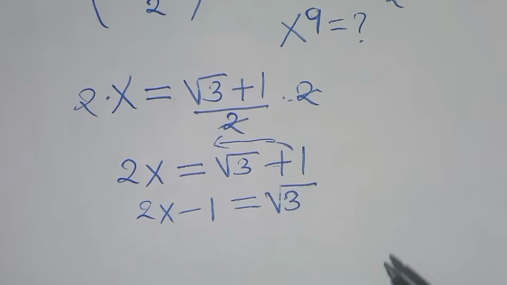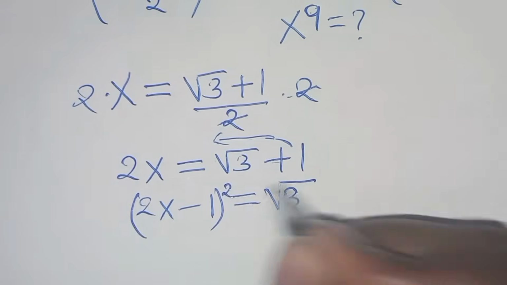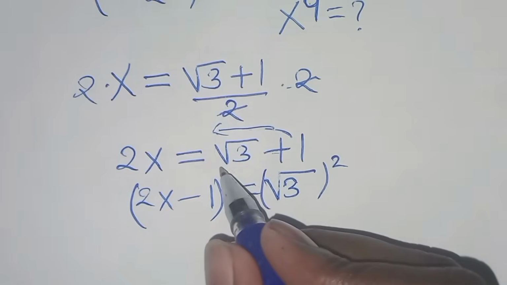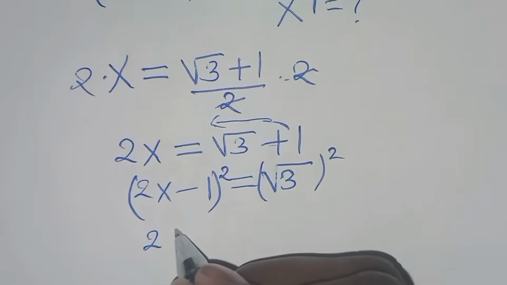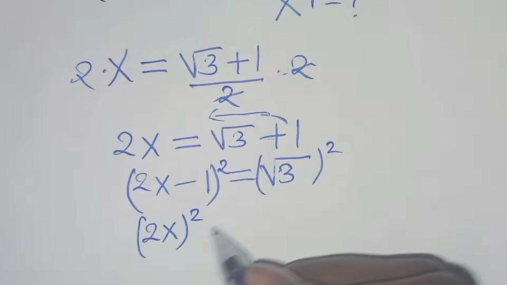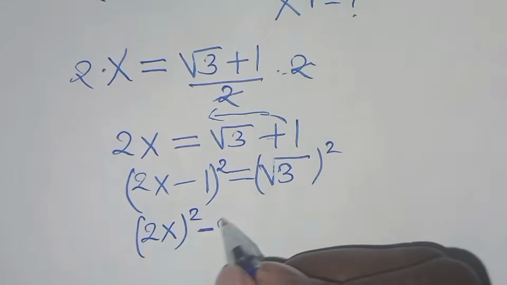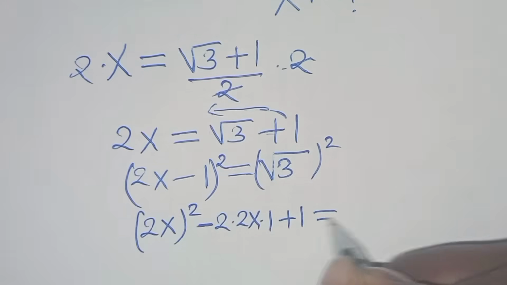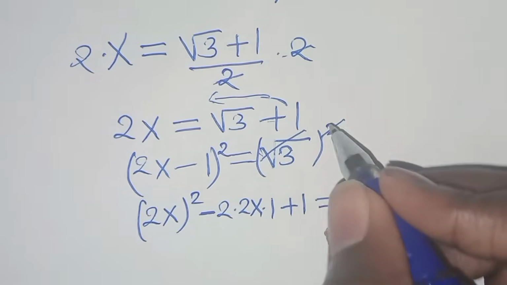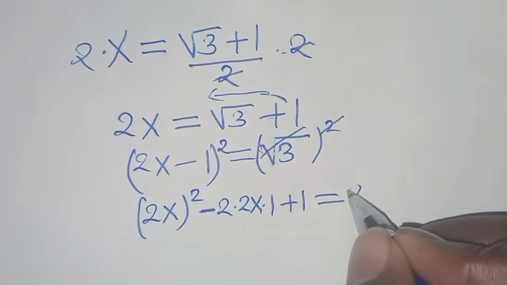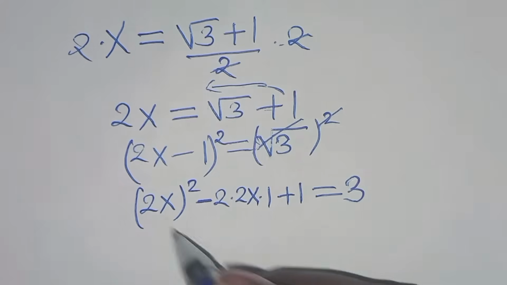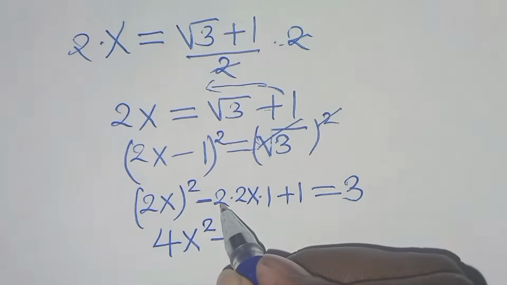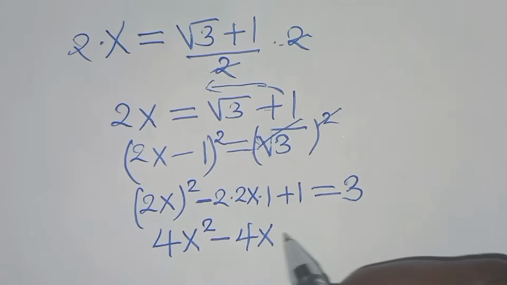Now, the next step from here is to square both sides, so that (2x − 1)² is the same thing as (2x)² − 2 × 2x × 1 + 1. This is equal to (√3)², that implies we eliminate the square root sign. And therefore here we have 4x², then subtract 2 times 2x, this is 4x, plus 1.